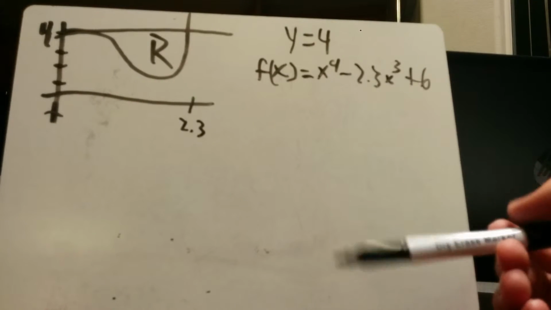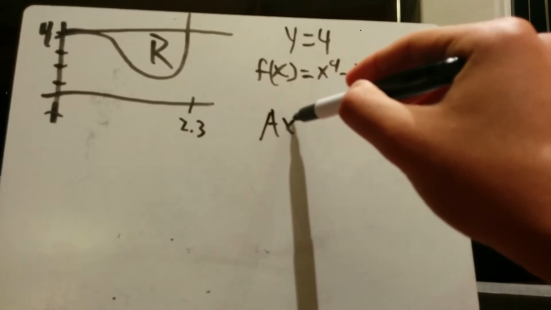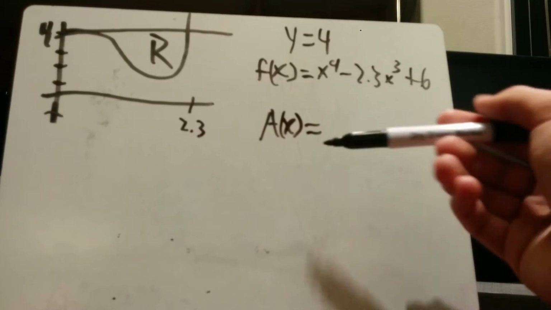So we write the area of a triangle is equal to 1/2 base times height.